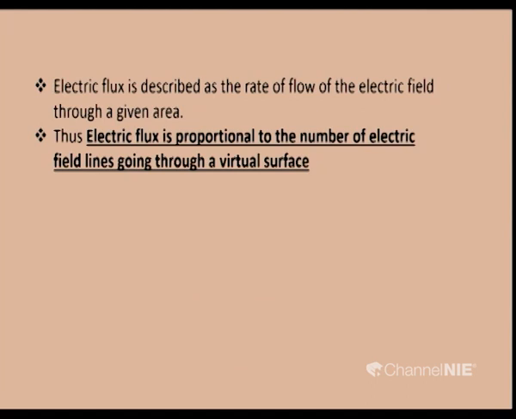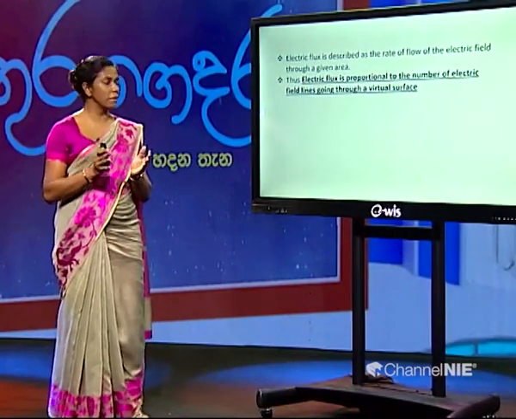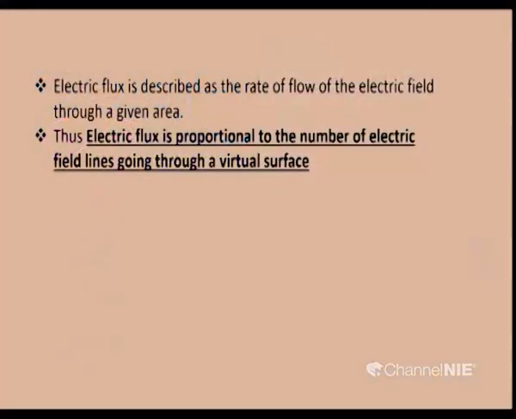Electric field lines are drawn to help us visualize the electric field, and the flux is a more quantitative measurement. Electric flux is proportional to the number of field lines we draw, and the number of field lines is proportional to the source charge that produces it.